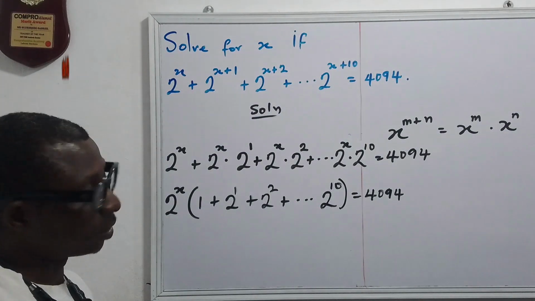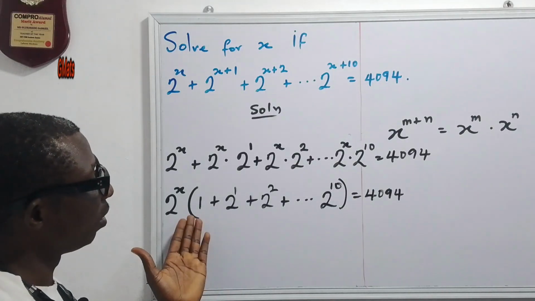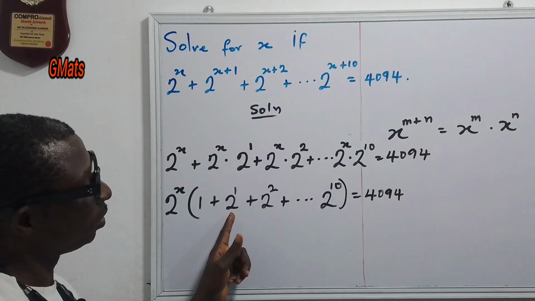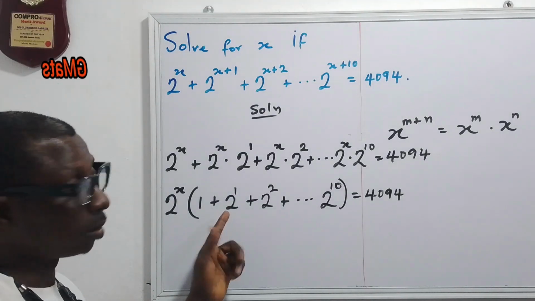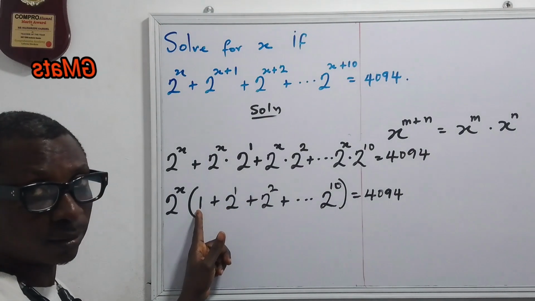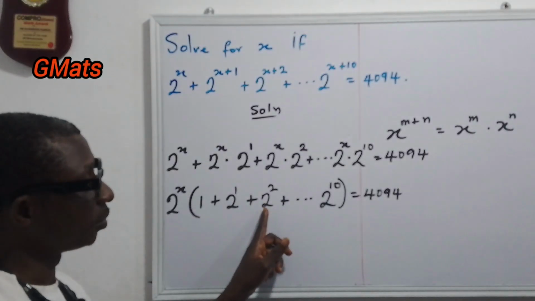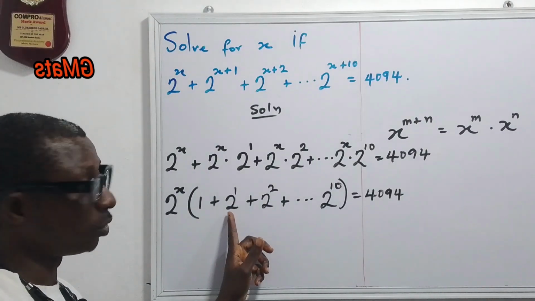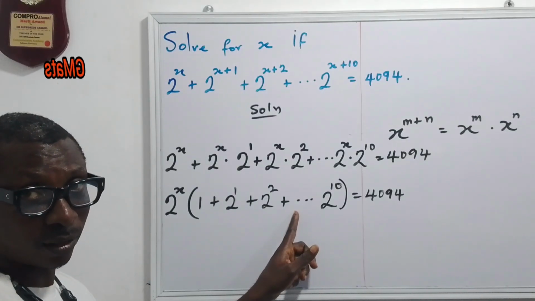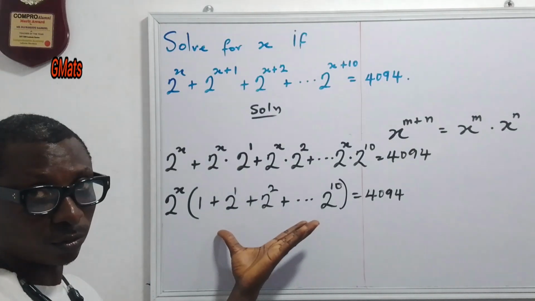Okay, now let's look at what we have in the bracket here. Now, it's a sequence of numbers, and when you look at it, we see that it's a geometrical progression. So 2 divided by 1 is the same thing as 2 raised to the power of 2 divided by 2. Now the next one is going to be 2 raised to the power of 3. So that means it's a geometrical progression.